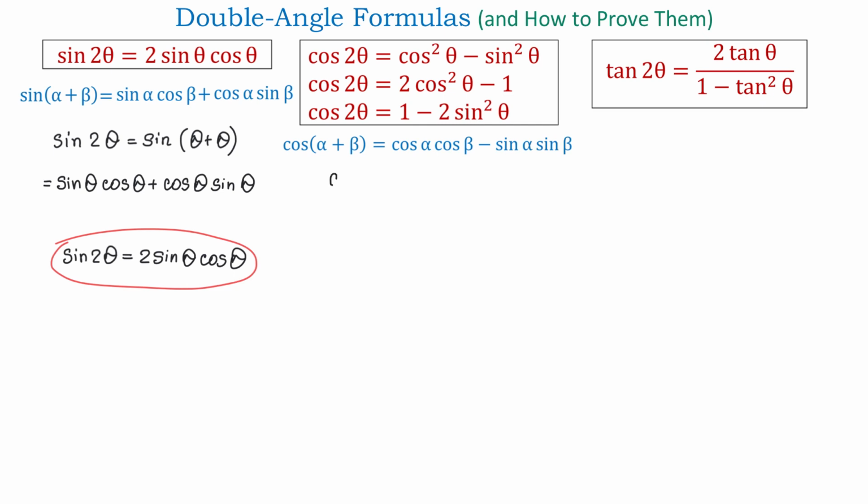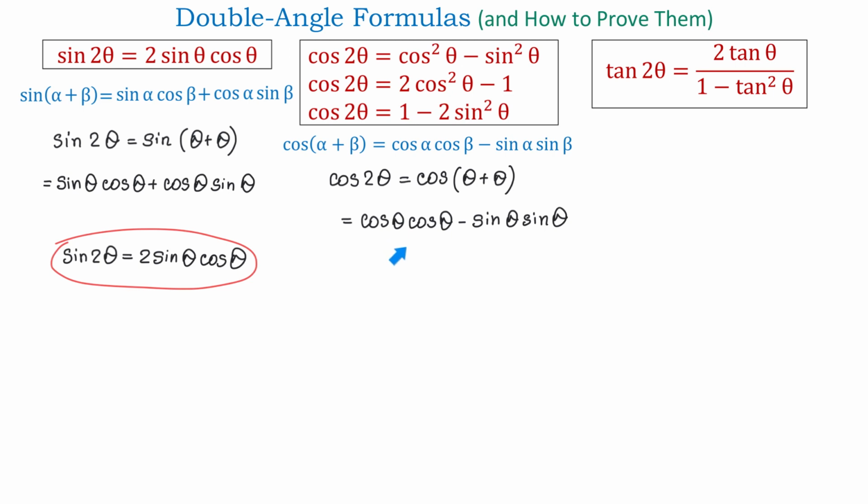Then we will write that cosine of 2 theta equals cosine of theta plus theta, and using the formula above, this equals cosine of theta times cosine of theta minus sine of theta times sine of theta.